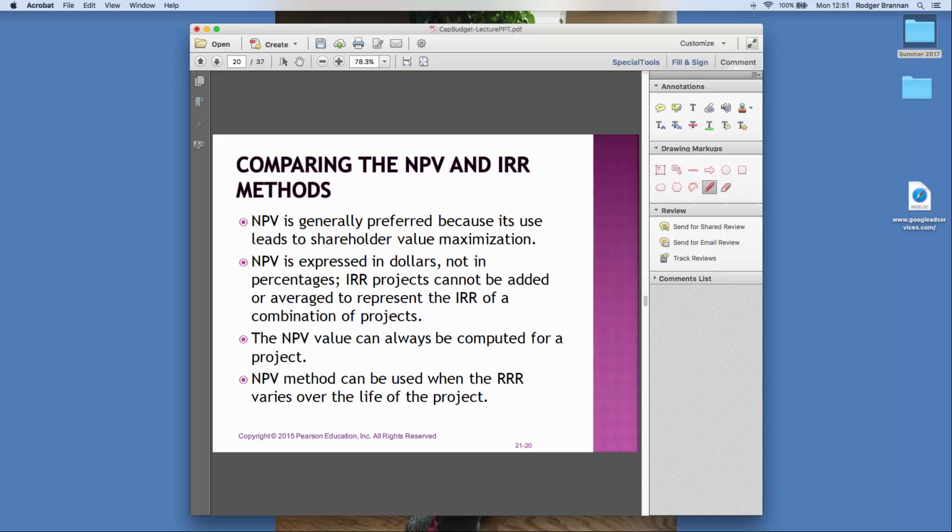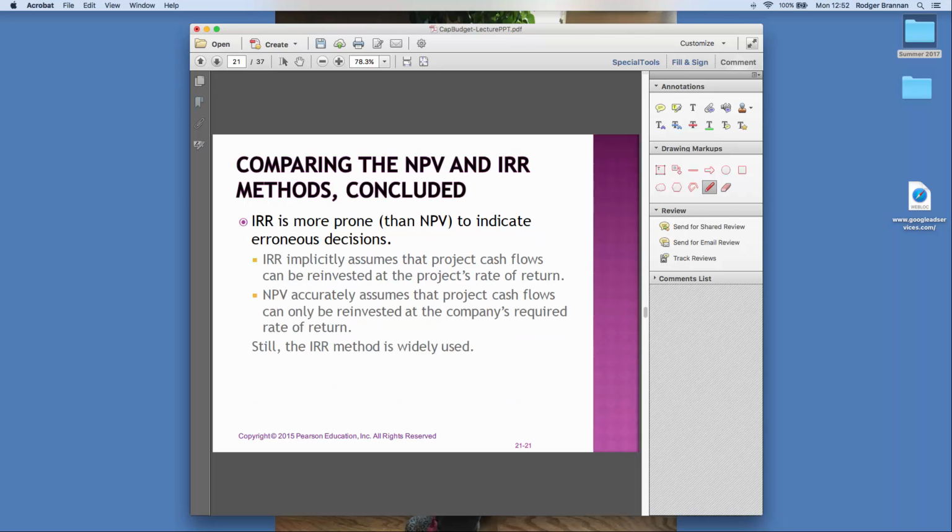I don't know what I can reinvest it at. I don't know what the opportunities are going to be. So one of the inherent weaknesses, if you will, of internal rate of return is over this issue of comparability when you have unequal lives of projects. Not a huge problem, generally speaking, but it is an inherent problem if you're comparing potential projects.